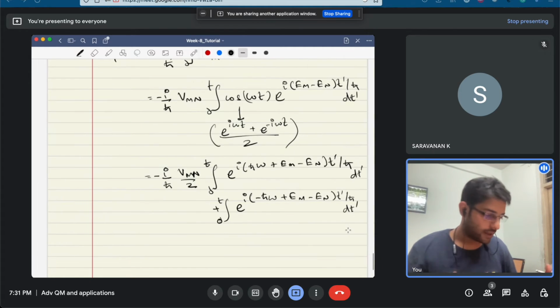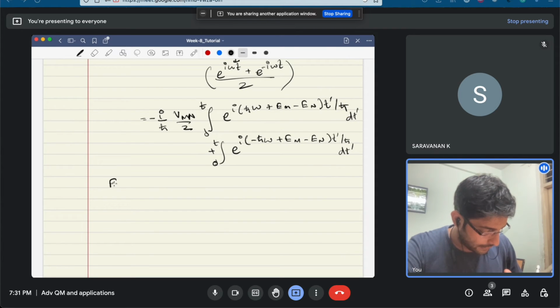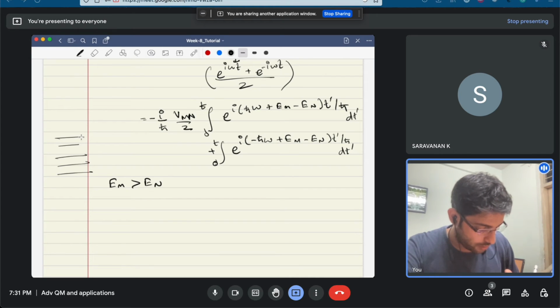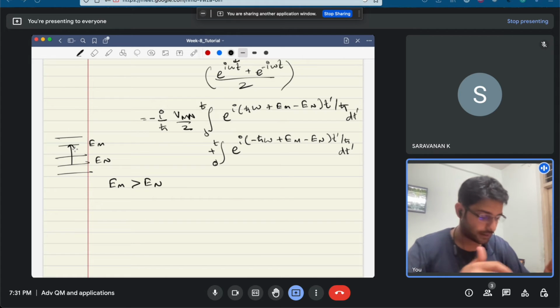Now there are two cases that we have to consider here. There is a possibility that Em is greater than En. So you have these levels and your Em is higher than En. Your transition is from a lower to a higher state, let's say from a ground state to a first excited state.